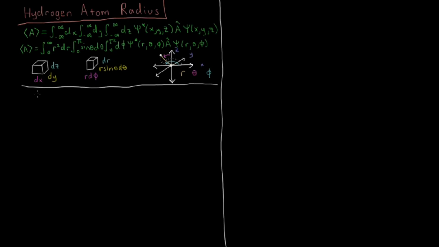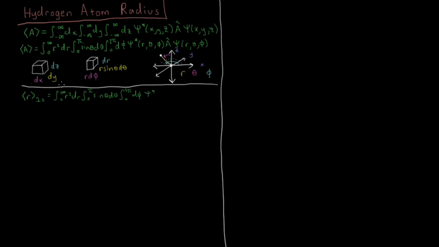Okay, so what we're going to look at is the expectation value for radius in the 1s orbital. So this would just be the integral from 0 to infinity of r squared dr, the integral from 0 to pi of sine theta d theta, and the integral from 0 to 2 pi of d phi.